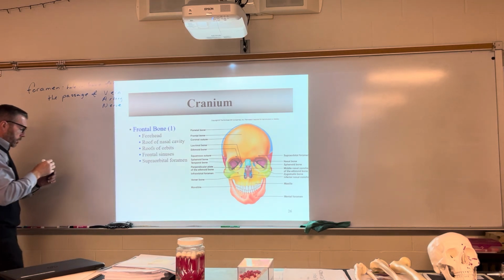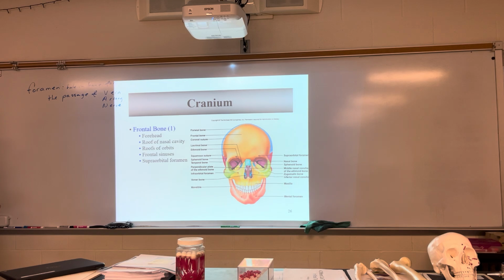Because remember, wherever we find a vein, we're probably going to find an artery next to it, and a nerve as well. Or you could say wherever you find an artery, there's going to be a vein and a nerve, or wherever you find a nerve, there's probably going to be a vein and an artery. So this opening here is called the supraorbital foramen. You have the supraorbital nerve, artery, and vein that come out through that, and they cover over the forehead. That's not as important as the bony structure at this point.